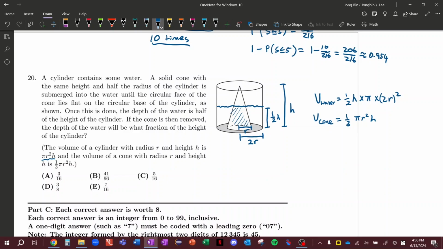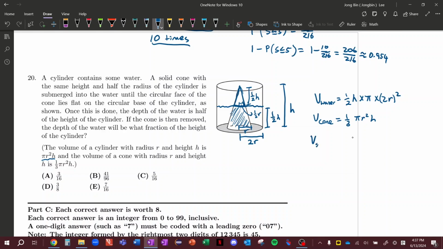We want to calculate the volume of the shaded area here, so we need to subtract the volume of the small cone at the top, whose height is 1 over 2 h, and whose radius would be 1 over 2 r, due to similar triangles: if the height is halved, then the radius is also halved.